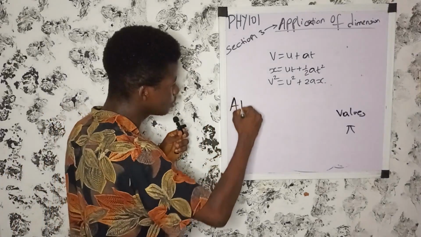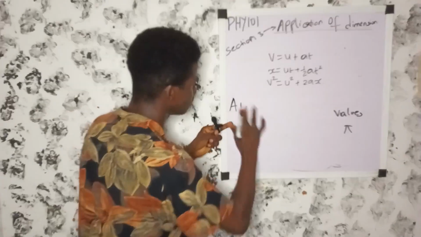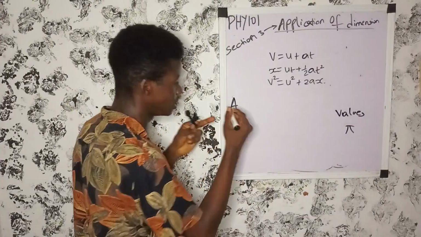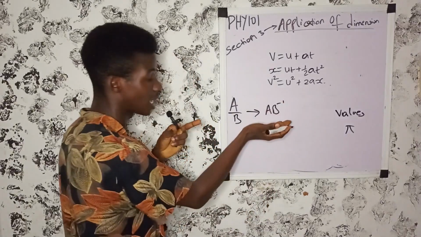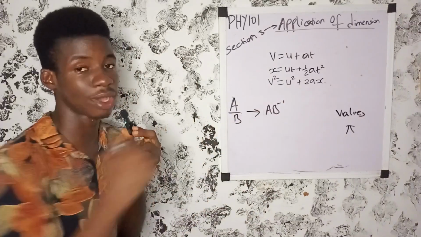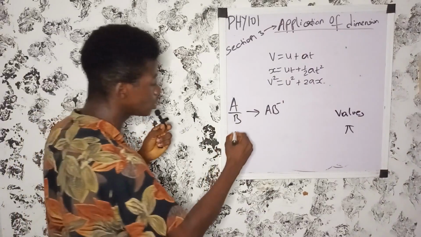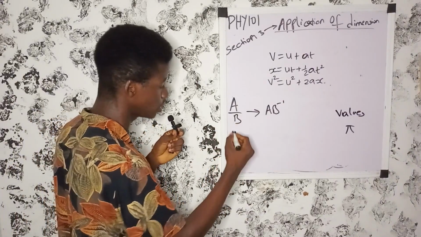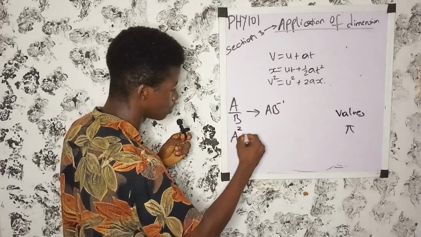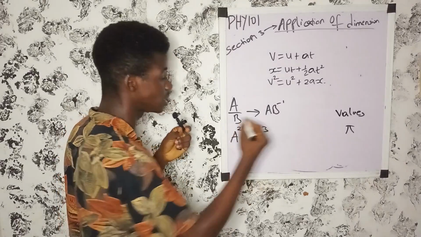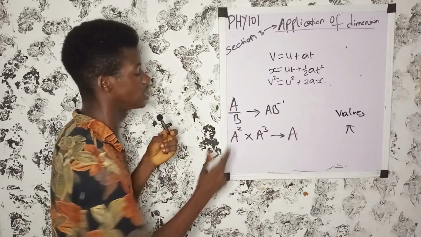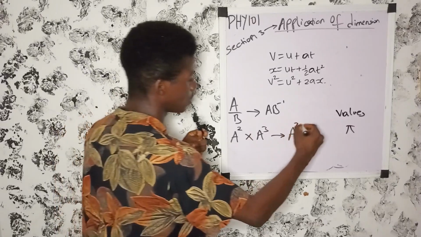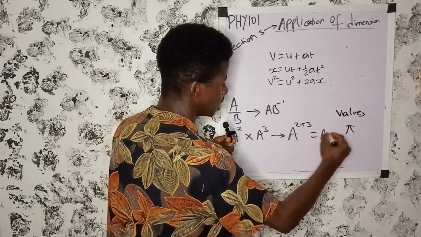Now let's summarize what I told you earlier under indices. A over B is the same thing as AB raised to the power minus 1. I told you why. I also told you that when the same bases are multiplying each other, we take one of the bases, then we add their powers together.